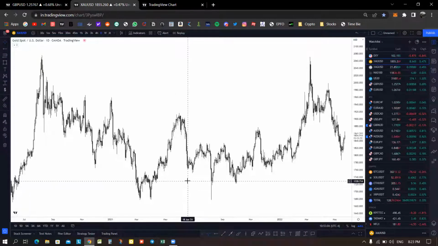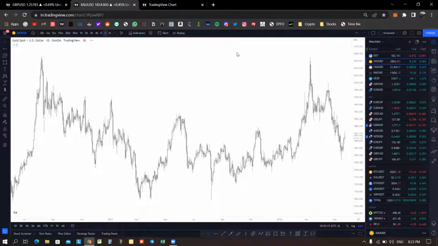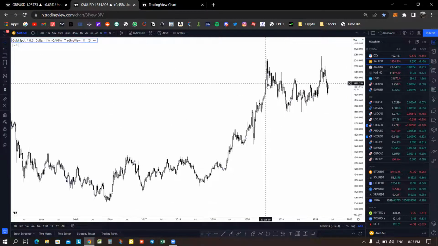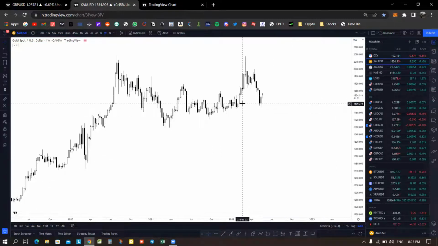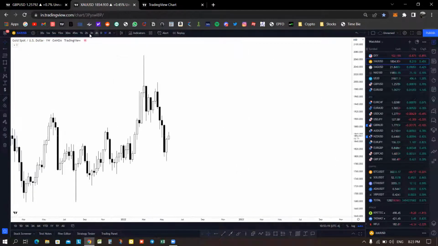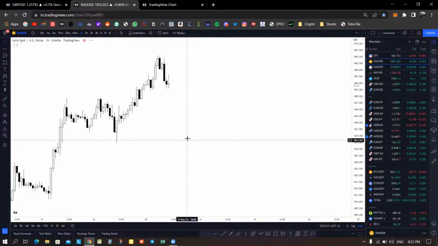I can't find the exact area where I have marked the kissing candle, where it worked exactly like that. No worries.